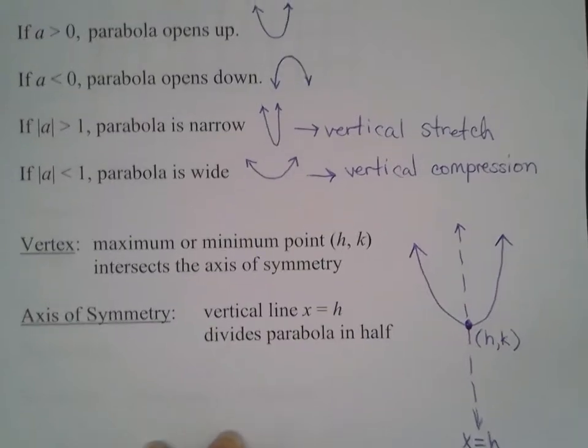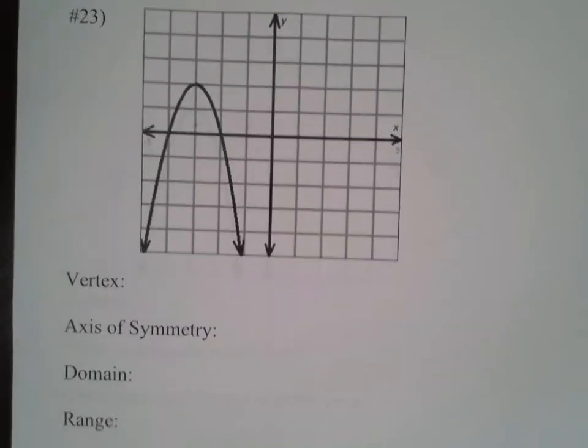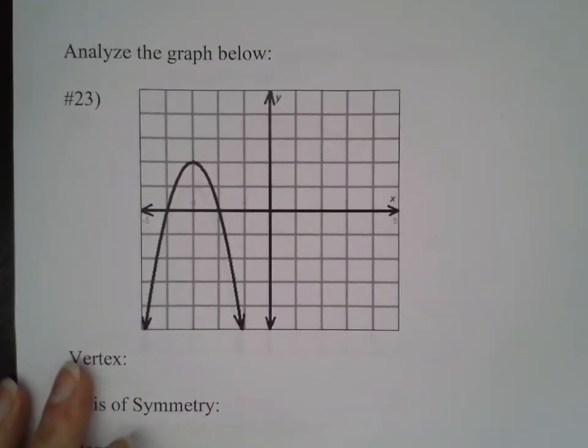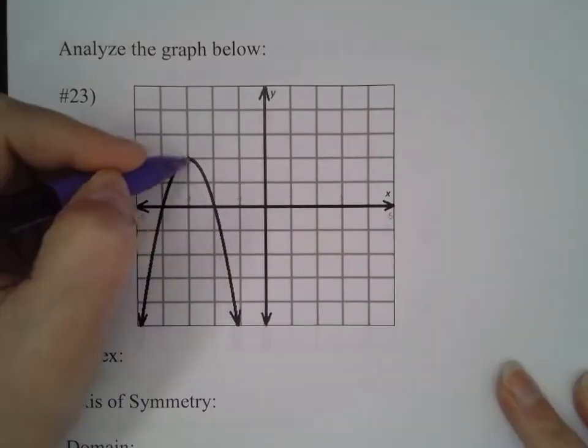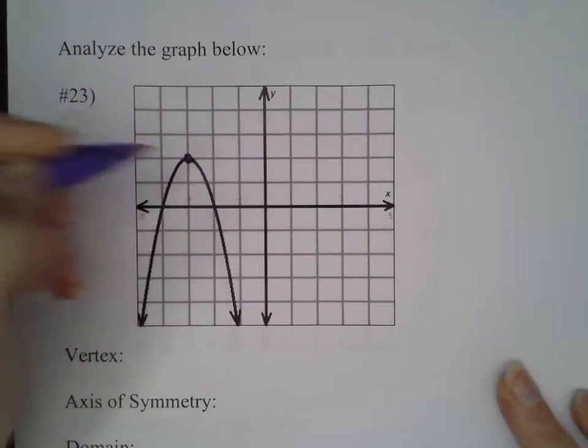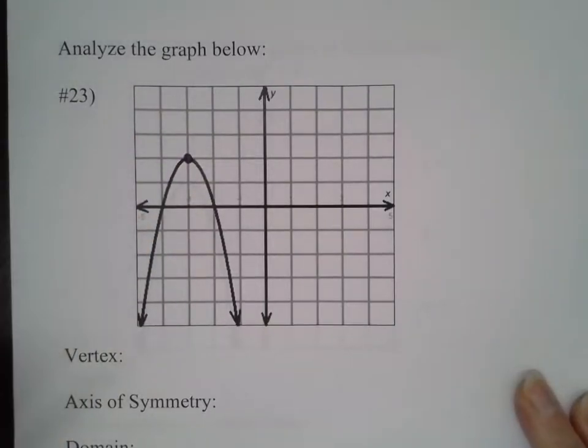Let's apply this now to an example. Let's analyze this graph. This is coming from your book in this section, number 23. So I think you can look at this graph and right away pick out the vertex. This time the parabola is opening down, so the vertex would be at this point here at the top.